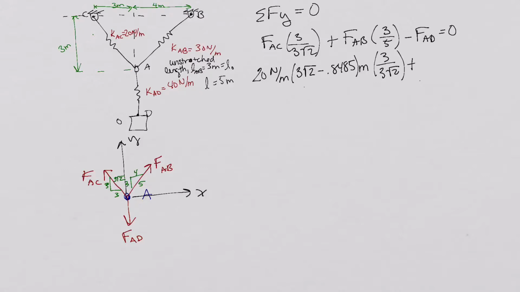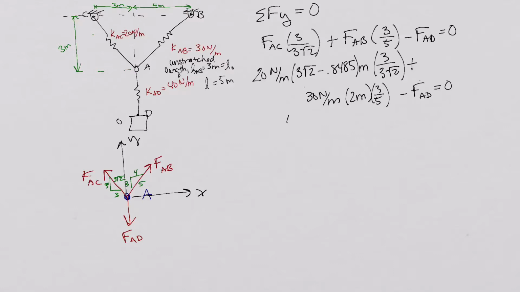And then plus that FAB, which is going to be KAB, that 30 newtons per meter, times the change in length, which will be 2 meters, times 3 over 5, minus FAD equals 0. And so we can multiply all that out, which is what I'll pause and do now to get FAD.